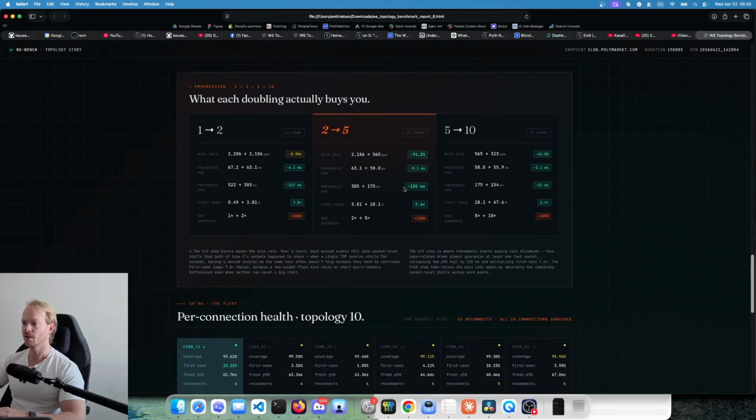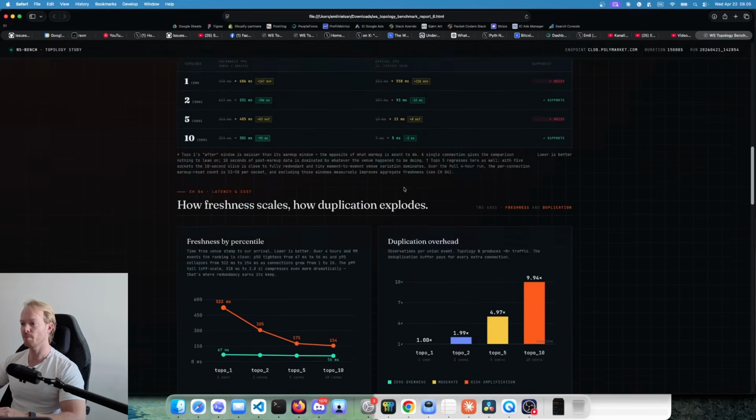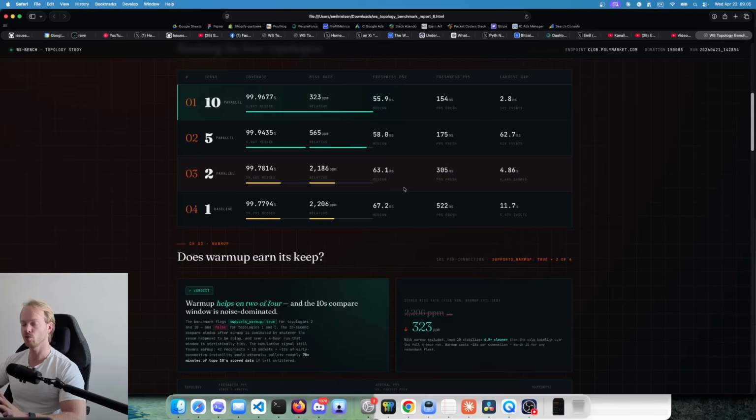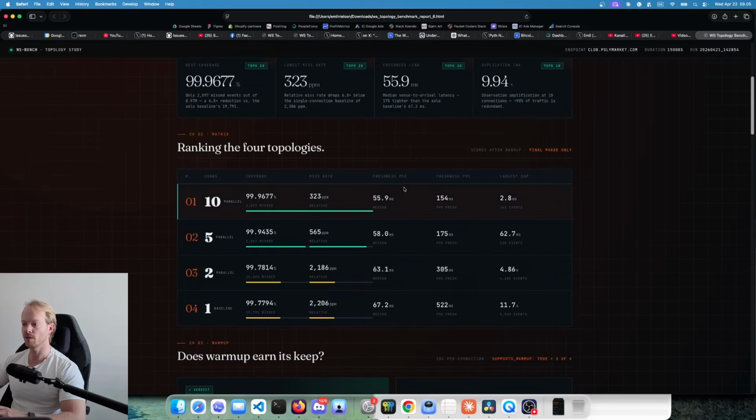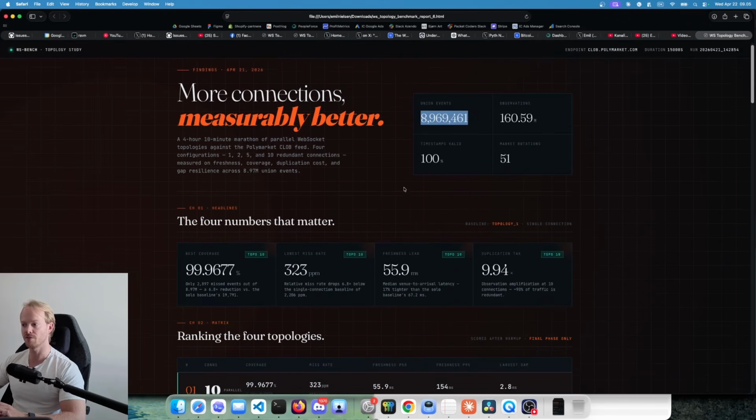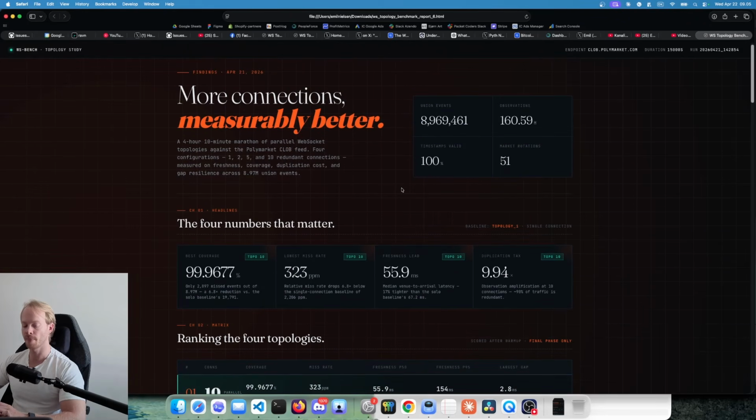Currently in Ravn, based on this research I've done here, I'm going to do some tweaks to Ravn. I have to figure this out because currently every trading bot has its own connections, and I think I've seen people talk about getting rate limited. So if I have 10 connections per bot, it's probably going to get rate limited. So I'm going to think about how to improve this in Ravn.